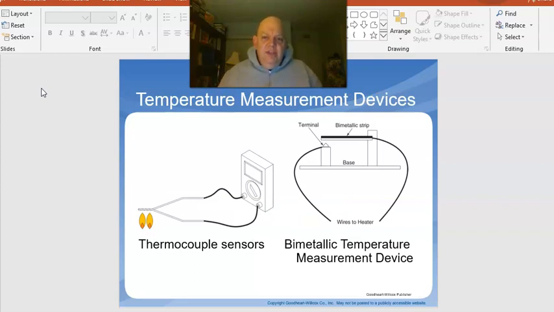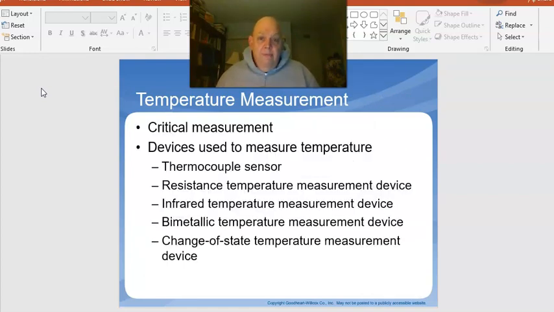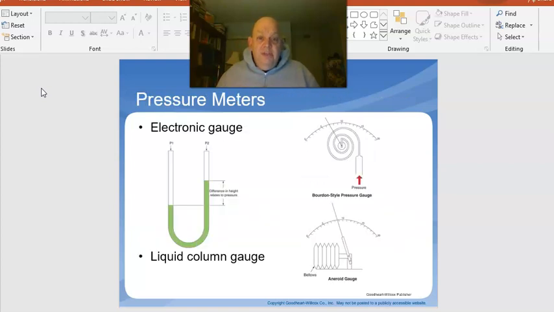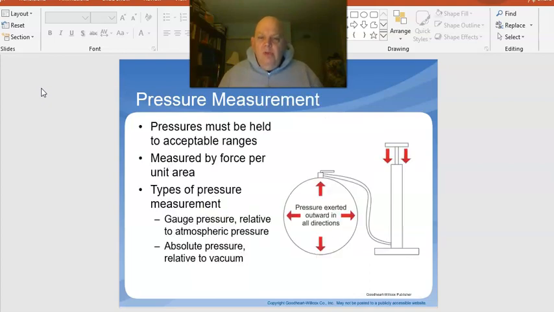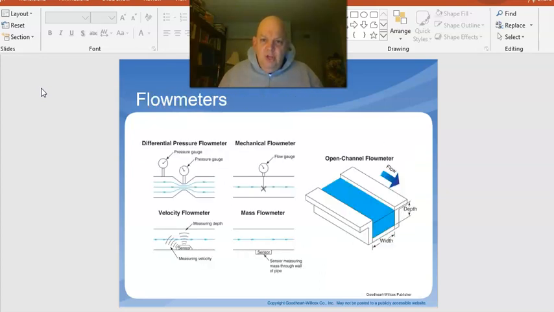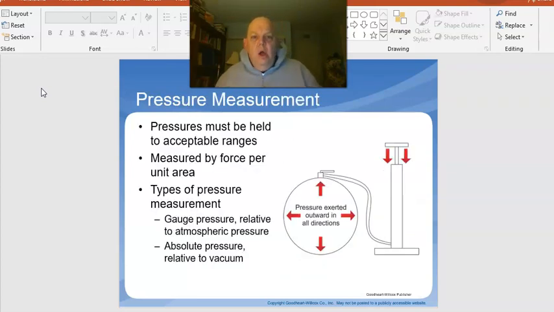We also looked at temperature measurement devices, because that's certainly a critical thing to measure, like thermocouple sensors. We talked about bimetals. Then we also looked at measuring pressure, like the liquid column gauge, for example. We talked about what pressure is. And with that, ladies and gentlemen, we are done here.